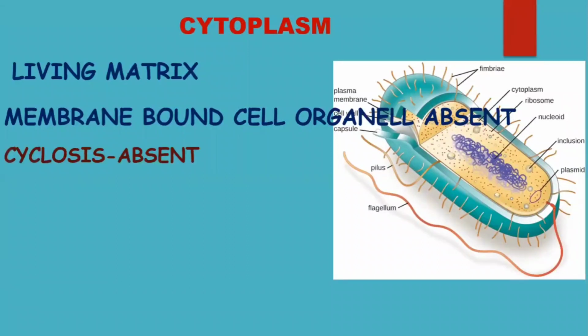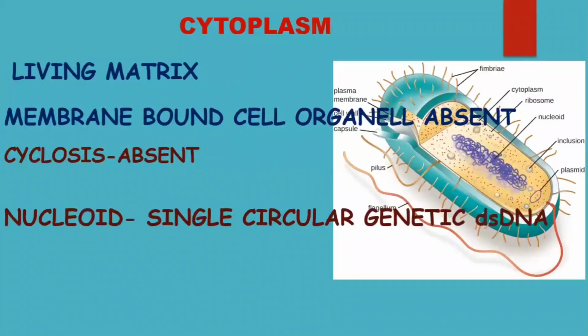What is cyclosis? Protoplasmic streaming movement. Like when we go into a wave pool, water shows waves. Like this, a eukaryotic cell shows a wave which is caused by certain protein fibers called microfilaments. In case of prokaryotic cells, such movement is not seen, so we say cyclosis is absent. So cyclosis is a eukaryotic feature. So in prokaryote, it is absent.